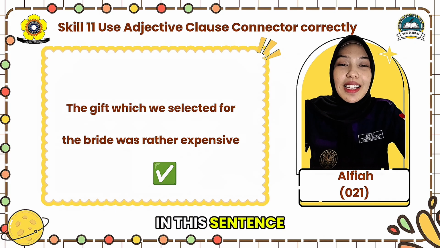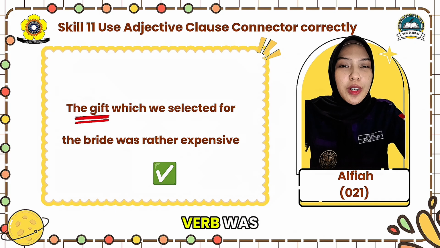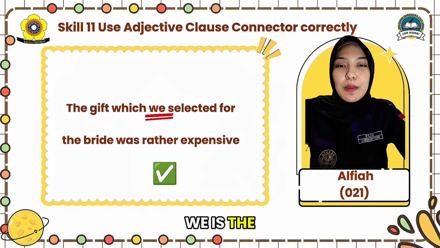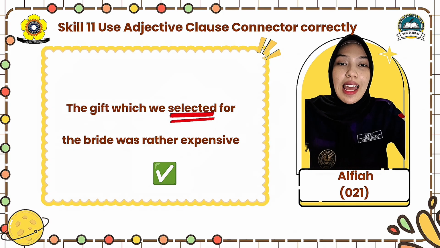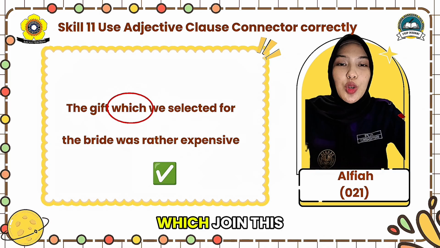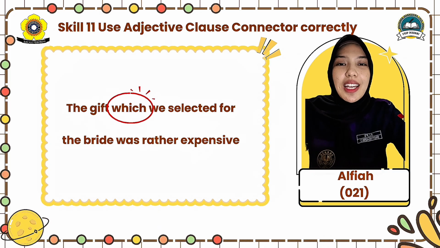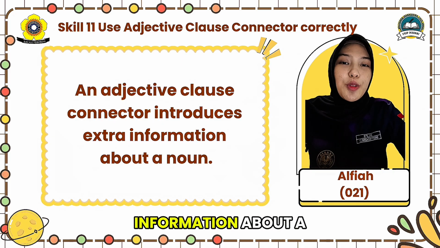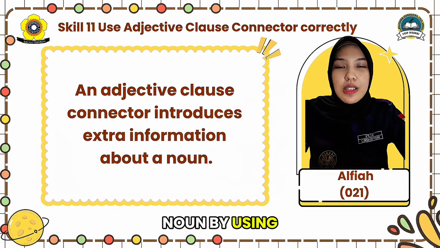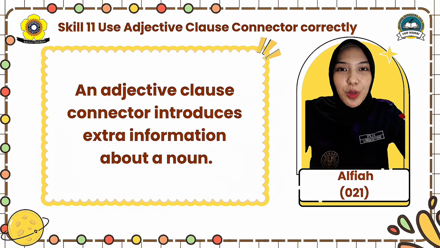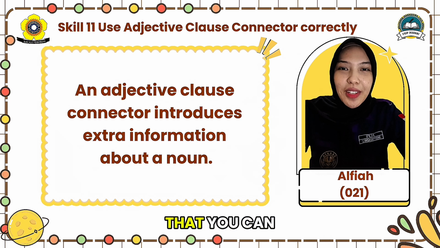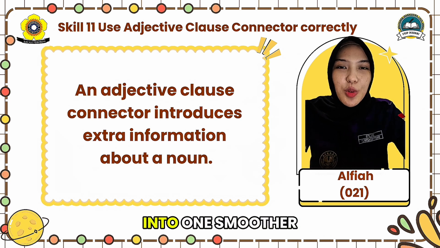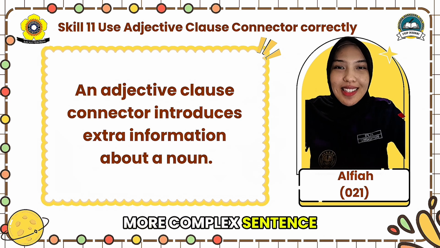In this sentence, gift is the subject of the verb was, we is the subject of the verb selected, and the connector which joins these two clauses. In short, adjective clause connectors introduce extra information about a noun by using who, whom, whose, which, or that. You can combine two sentences into one smoother, more complex sentence.